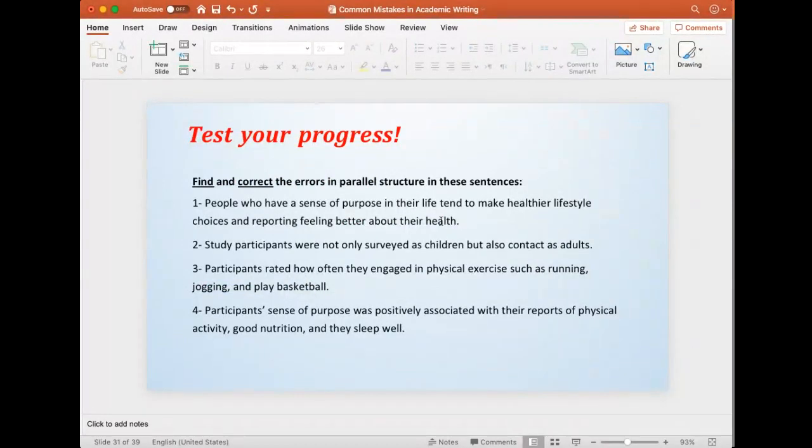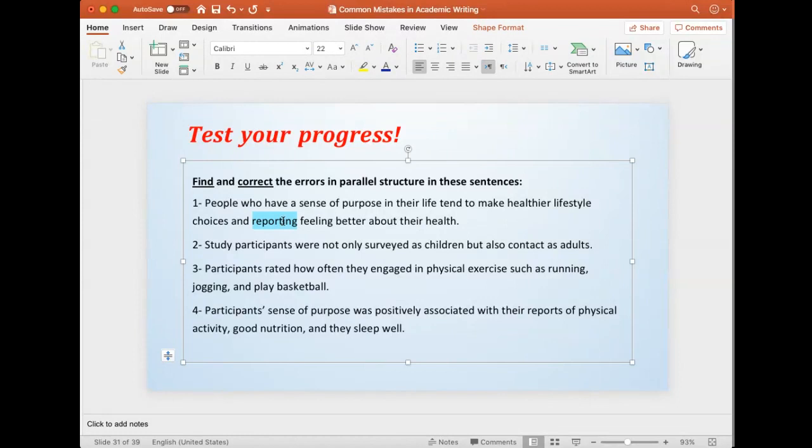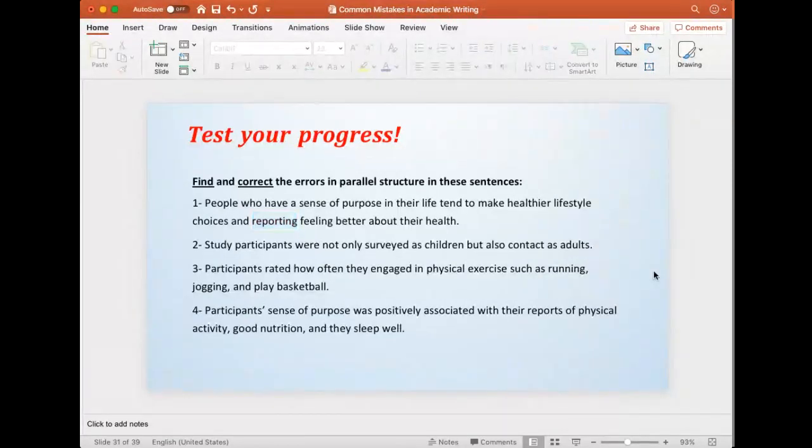So this is a test for you here. People who have a sense of purpose in their life tend to make healthier lifestyle choices and reporting feeling better about their health. Reporting is the ing form, so this has to be report. Exactly. Study participants were not only surveyed as children, but also contacted as adults. Contacted, yes, exactly.